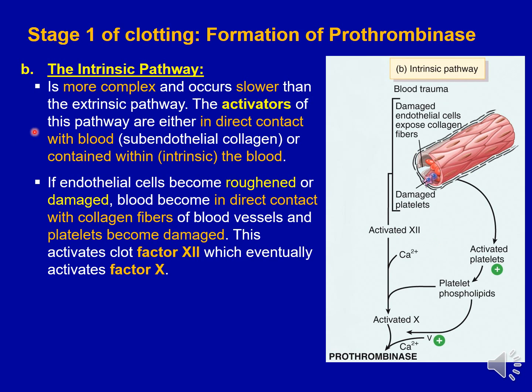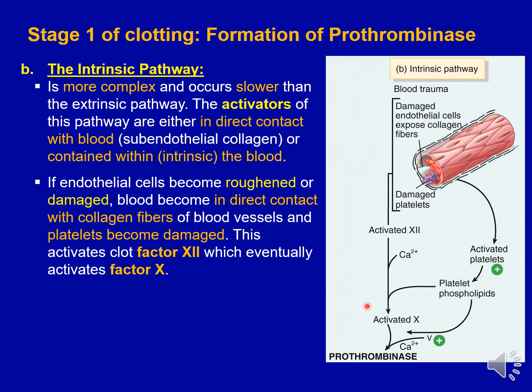So, if endothelial cells become roughened or damaged, blood comes in direct contact with the collagen fibers of the blood vessels and the platelets become damaged. This activates factor 12, which eventually activates factor 10. So with calcium, what is it going to activate?